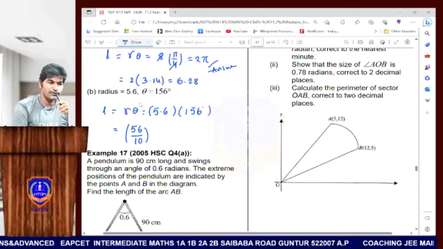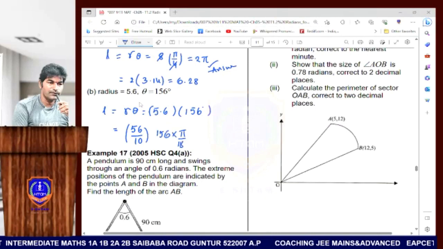Understood? And 156 degrees we convert into numerical values. So 156 into pi by 180. Just multiply that value with pi by 180, then automatically it will convert into numbers.